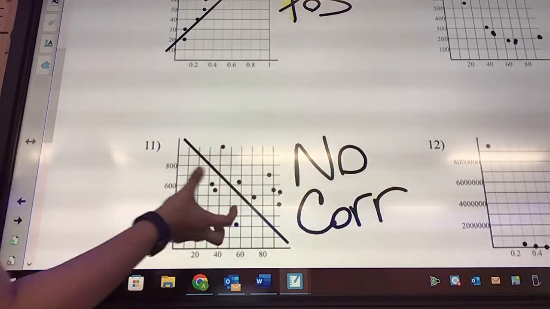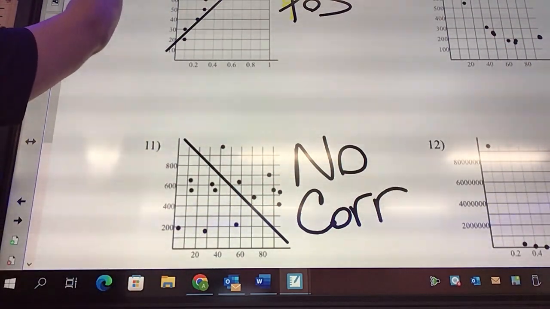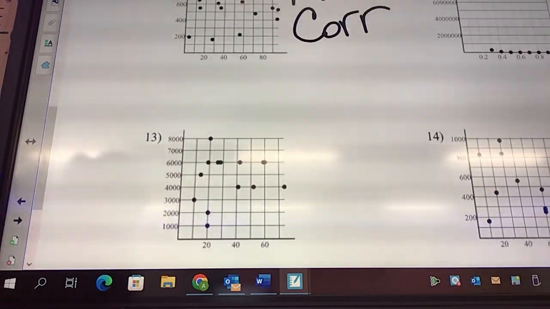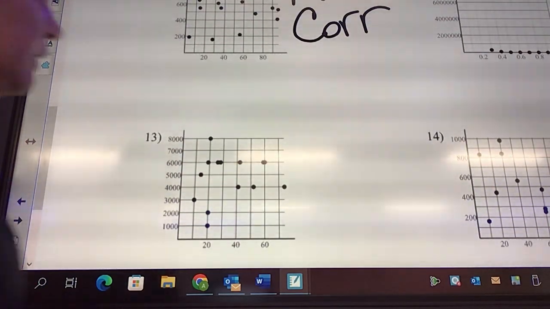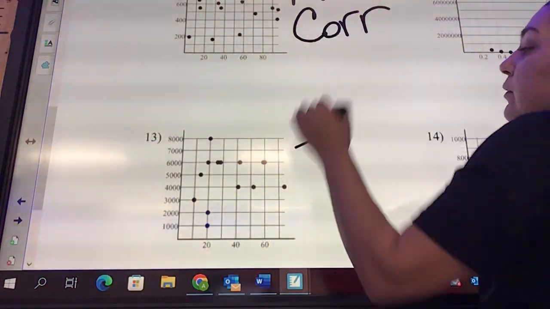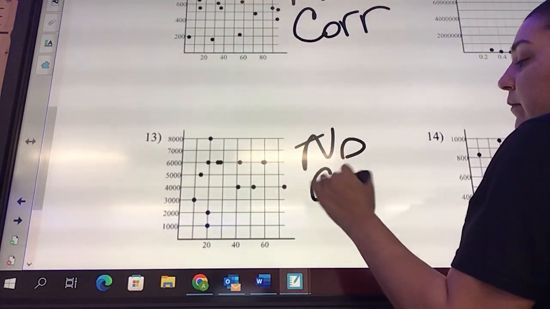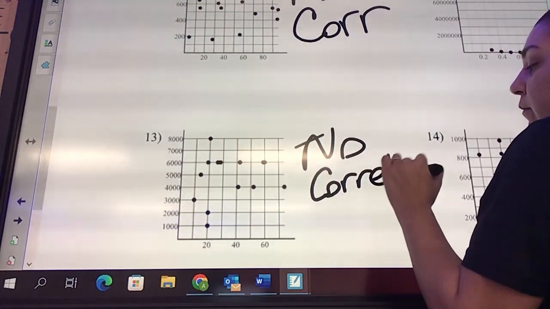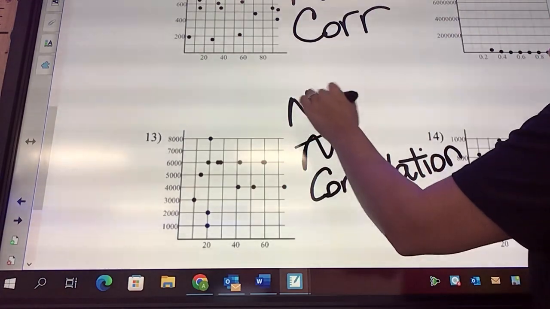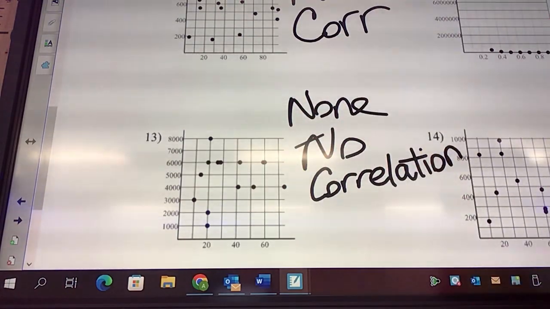No matter which way I make my straight line, they're all over the place. So that's going to be no correlation. Okay, 13. That's also going to be no correlation. Or if you want to put none, I'm perfectly fine with that as well.